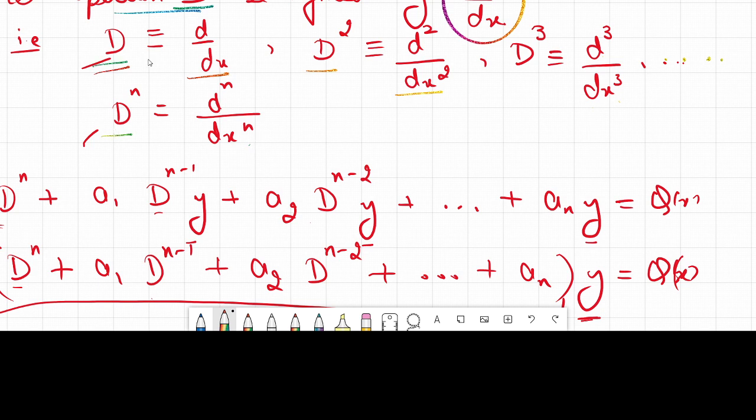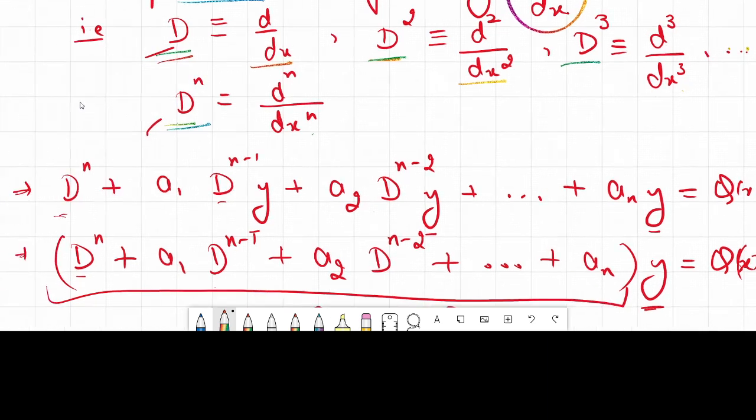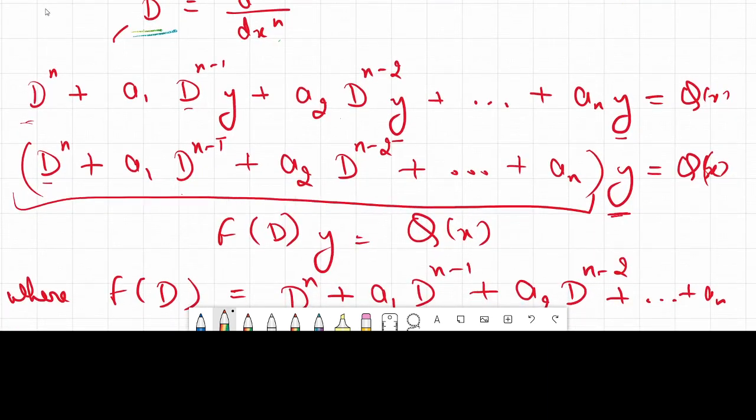So if we replace the derivatives in the equation with these operators, then the equation will be D^n plus a1 D^(n-1) into y plus a2 D^(n-2) into y plus dot dot dot plus an y is equal to Q(x). Because the D^n are operators that are operating on y, we can take y common from all of them.